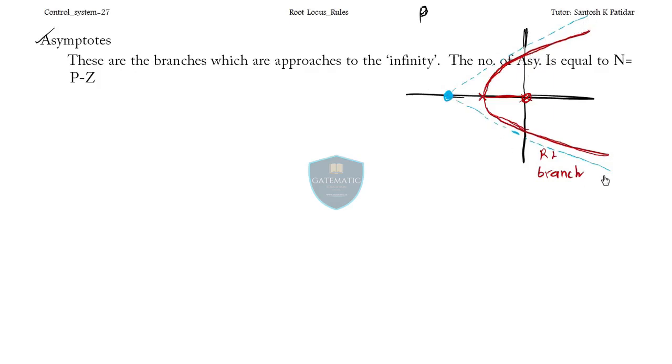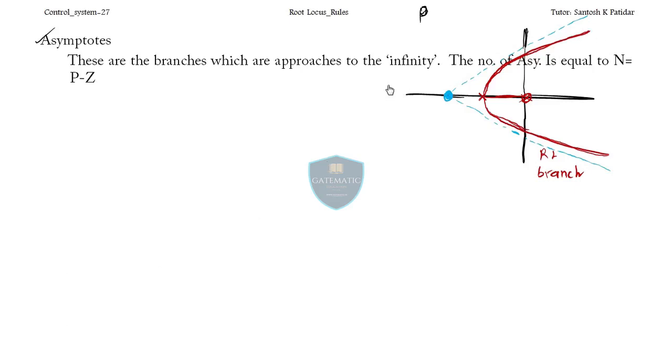These branches we call the asymptotes, and the number of asymptotes is n equal to p minus z. What it means? See friends, alongside these asymptotes I'll have root locus branches which go to infinity. Why are the branches moving towards infinity?